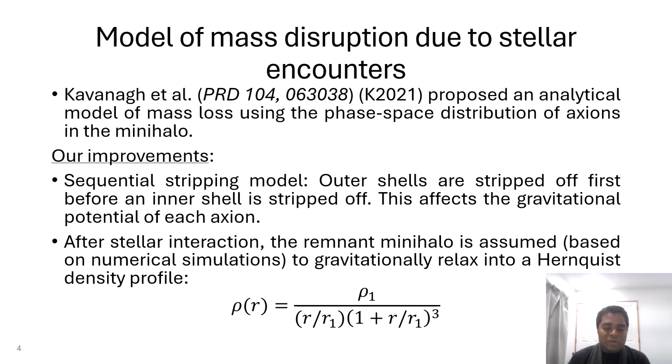Now, the second improvement we suggested was post-stellar interaction. The remnant minihalo is assumed to relax not to another NFW profile minihalo, but to what's known as a Hernquist density profile minihalo. And it's given by this expression here. But notice the power of 3 here, whereas the NFW profile had a power of 2.